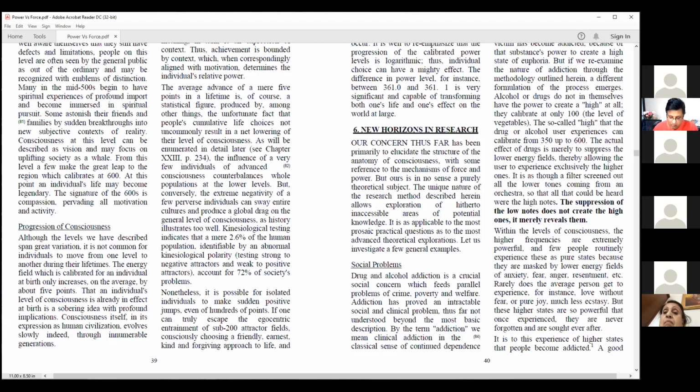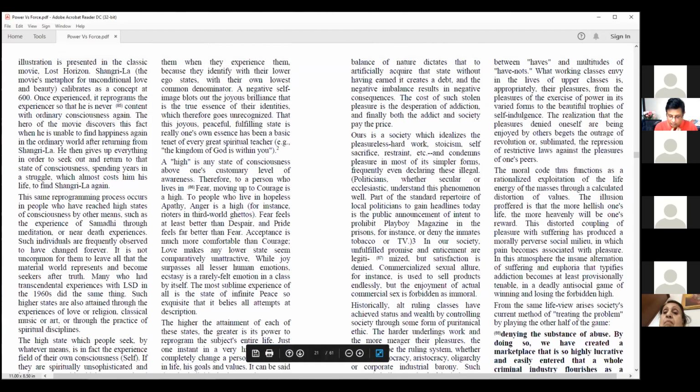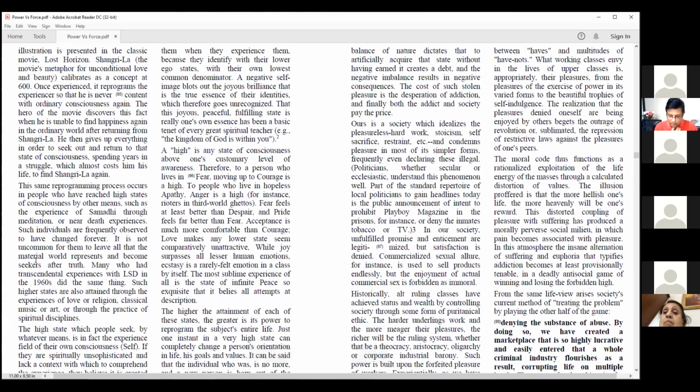But these higher states are so powerful that once experienced, they are never forgotten and are sought ever after. It is to this experience of higher states that people become addicted. A good illustration is presented in the classic movie Lost Horizon. Shangri-La, the movie's metaphor for unconditional love and beauty, calibrates as a concept at 600.